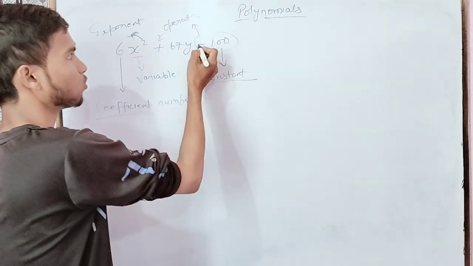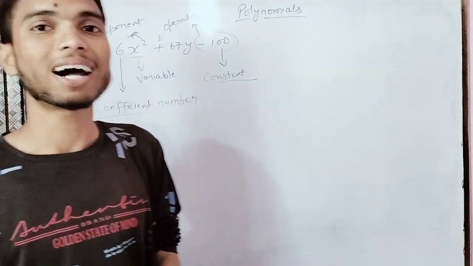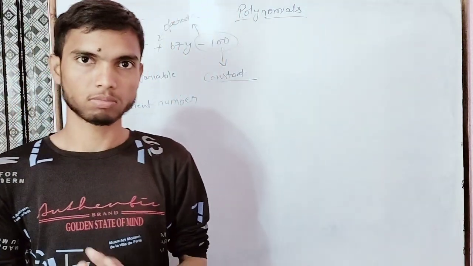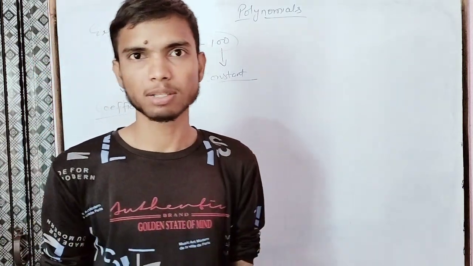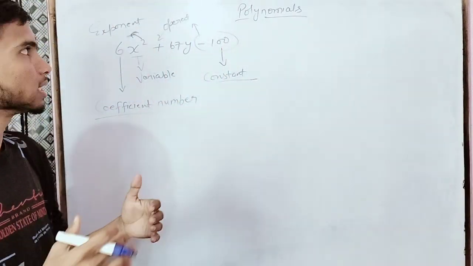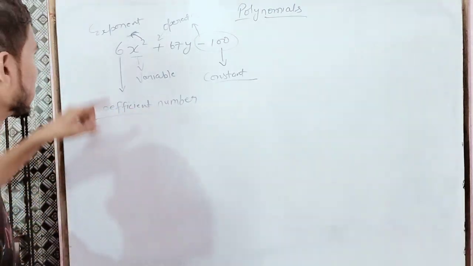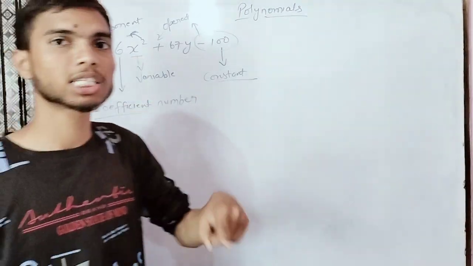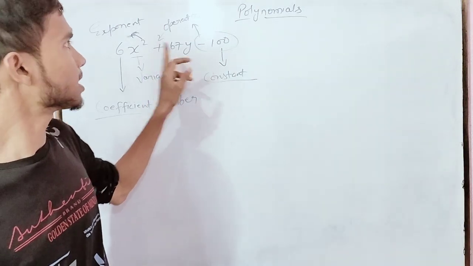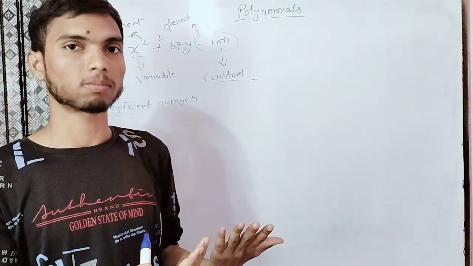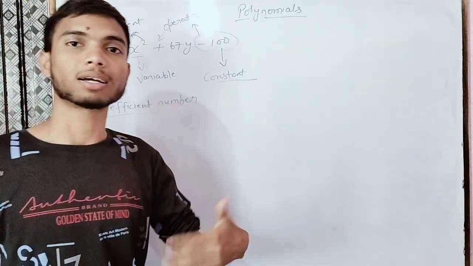Now from here, minus 100 is one term. Terms are separate. 6x square is in a separate place, plus 67y is another term, minus 100 is another term.